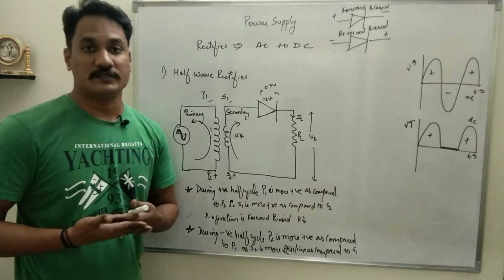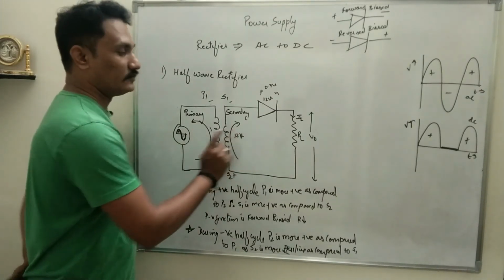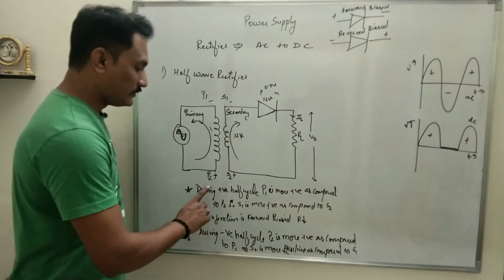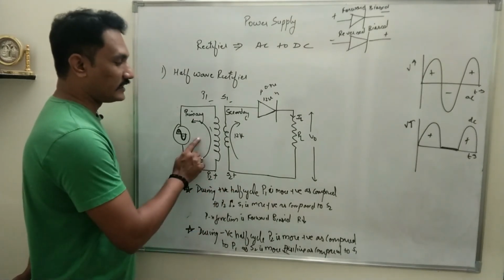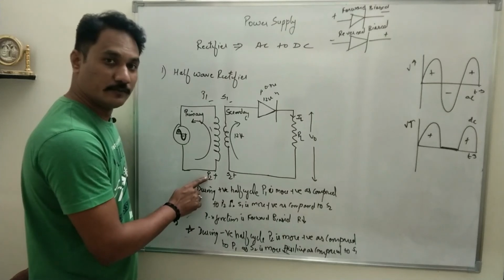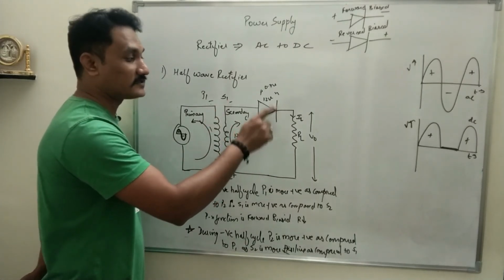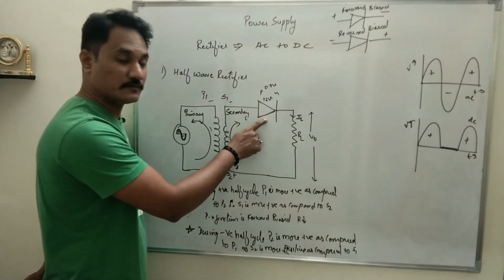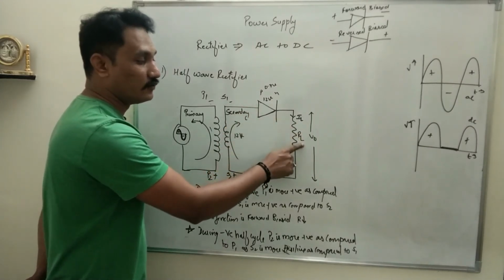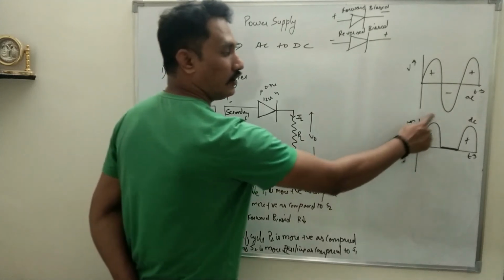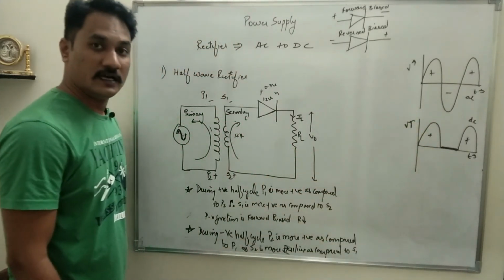What you have to write is, first draw the diagram. Then, during the positive half cycle, P1 is more positive as compared to P2, therefore S1 is more positive as compared to S2. The diode is forward biased, the resistance offered by the diode is very small, hence the entire secondary voltage will be dropped across RL. All the secondary voltage will appear at the output.